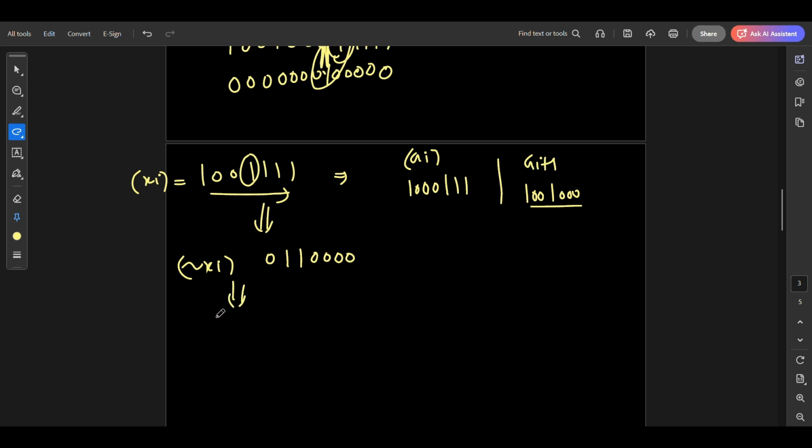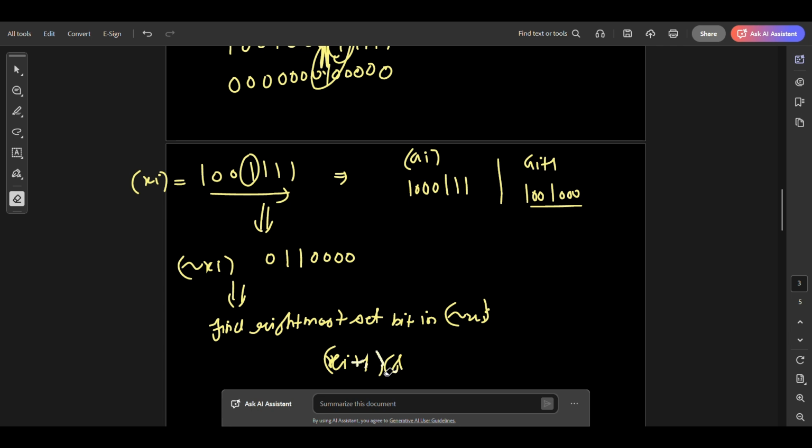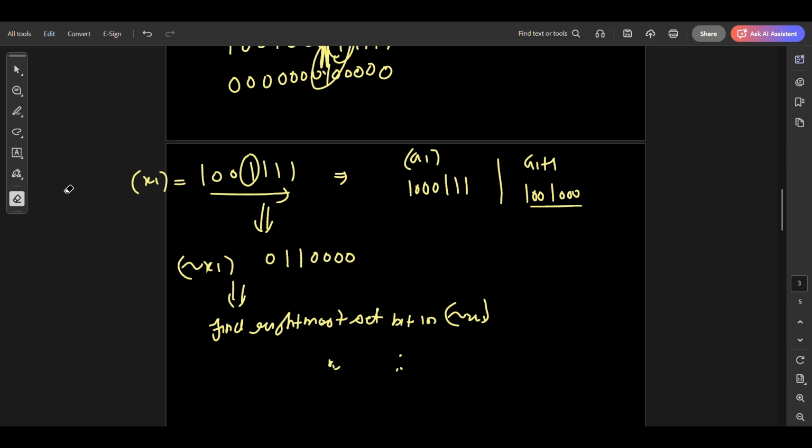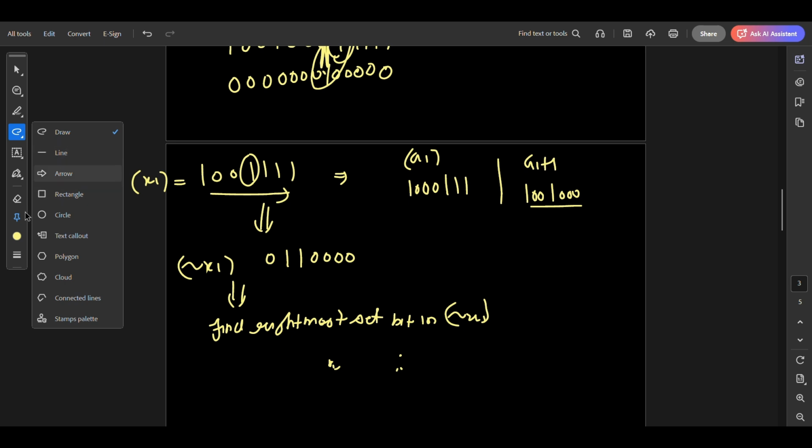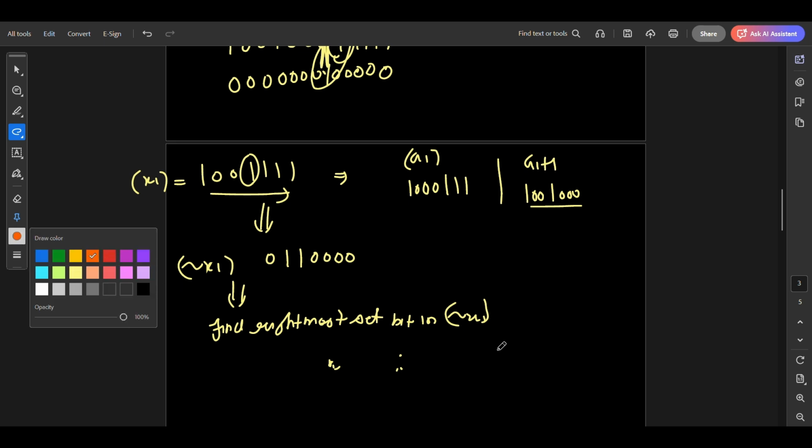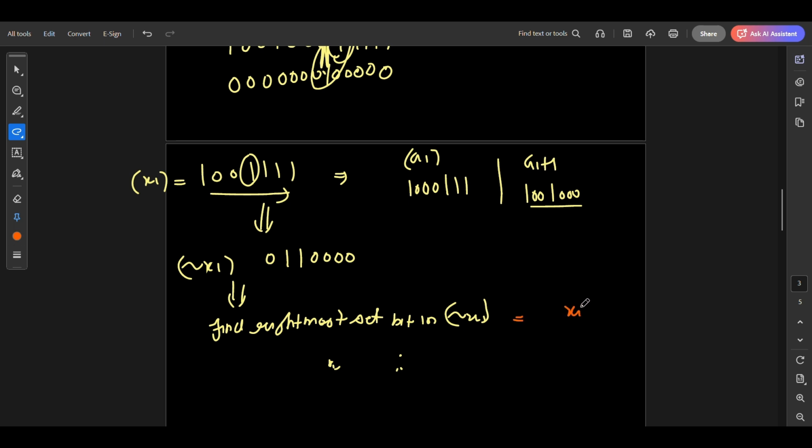Then we find the rightmost set bit in invert of xi, and somehow we know that it should be equal to xi plus 1 and invert of xi, okay?